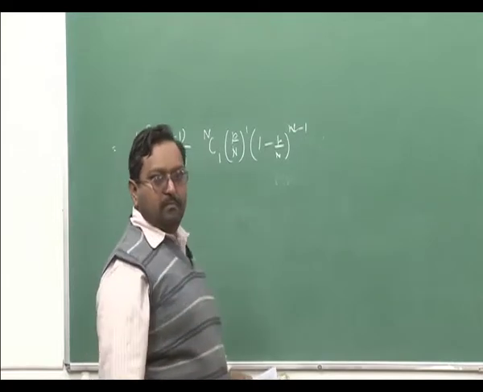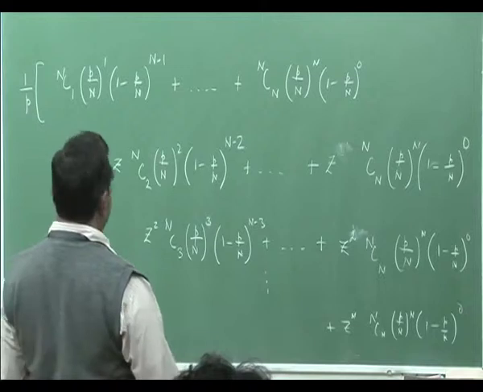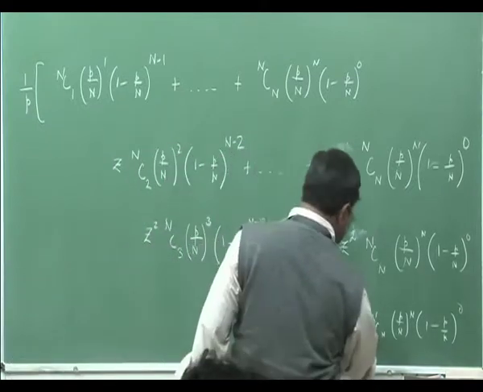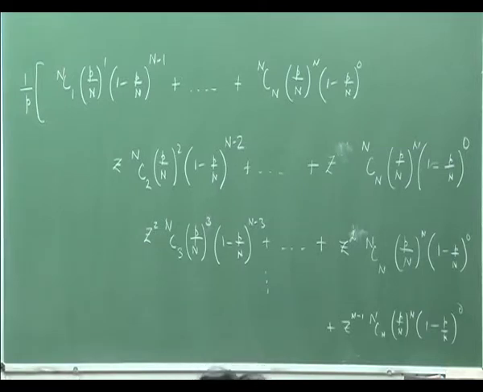So last term will be z to the power n minus 1. Z square NC n minus 1 or n plus 1 ratio. Z to n minus 1, right. That's right. It has to be n minus 1.